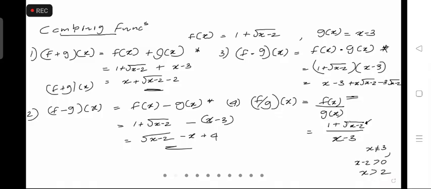Because we have to consider this here also, we cannot apply negative values inside this. Therefore, to find the domain of this new function.